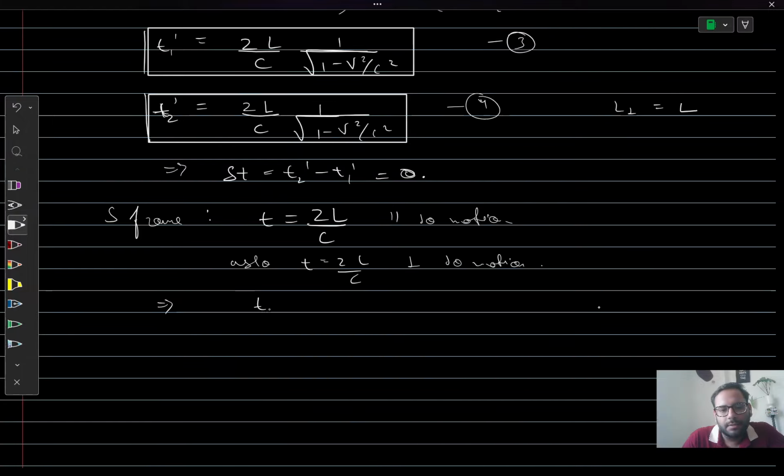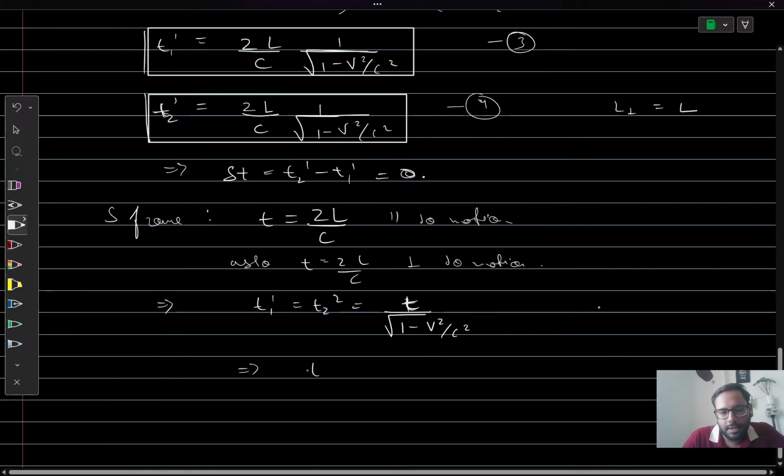So actually T1 prime is equal to T2 prime, which equals T times the square root of 1 minus V squared by C squared. So from here you can generally write it like this.